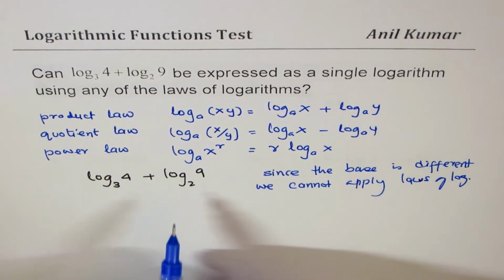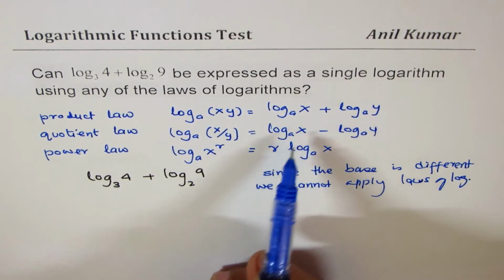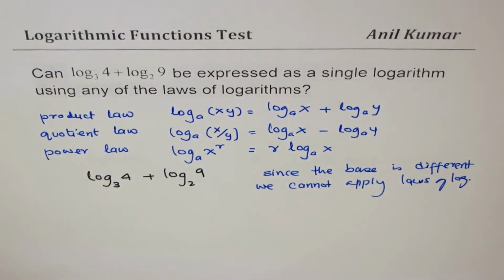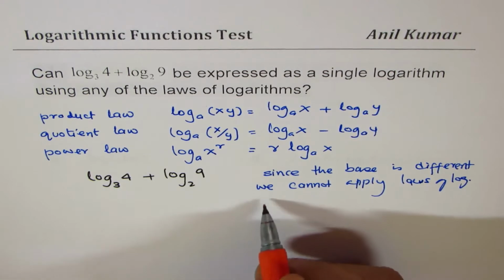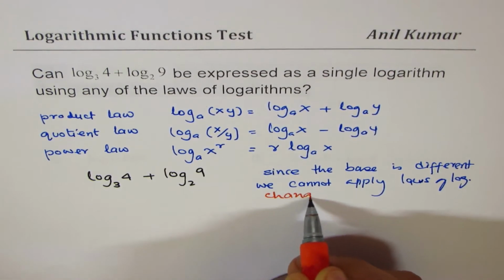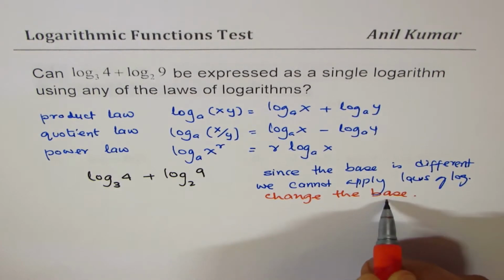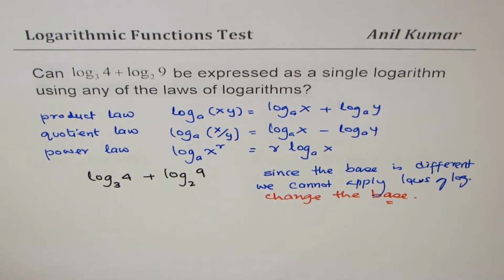Is it okay? Since base is different, you see the base is same, only then you can apply these laws. But here there is a key which some of you might know at this stage. That is, we could actually change the base. Once you change the base, then you can apply.